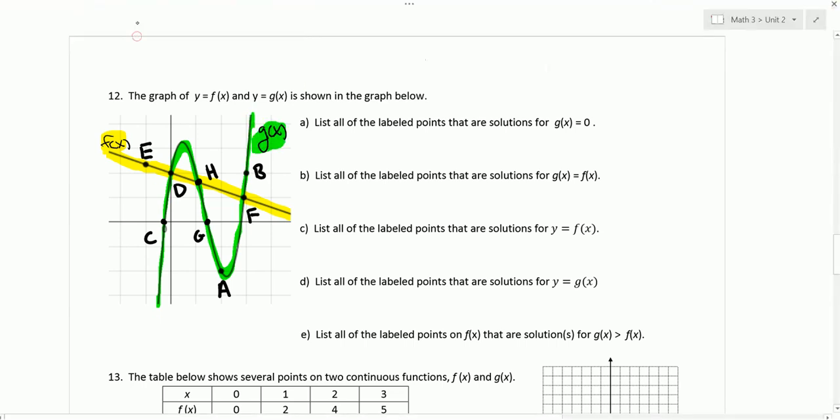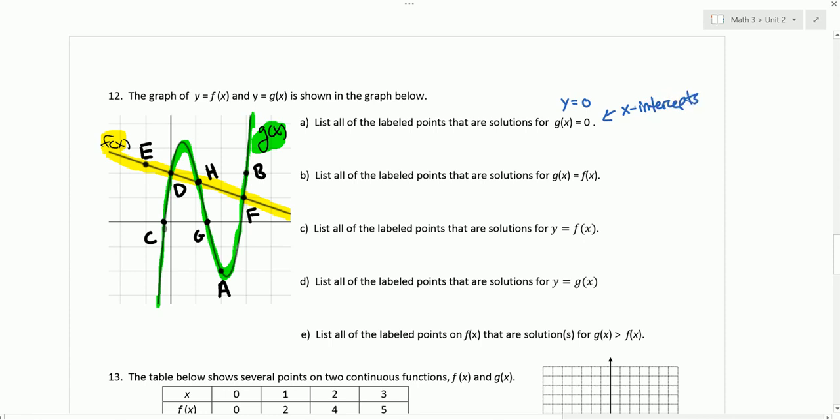The first question is to list all the labeled points that are solutions for g of x equals 0. Remember, this is really stating that these are points where the y value is equal to 0. That only happens on the x-axis. So another way to state this is to find all the x-intercepts of g of x.